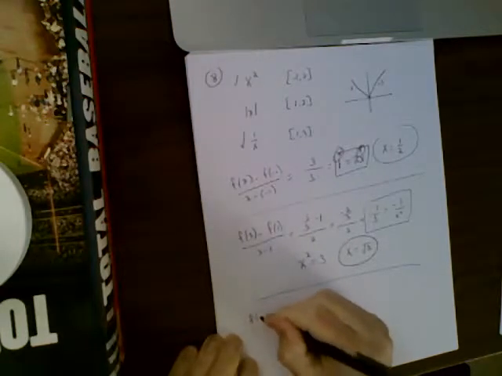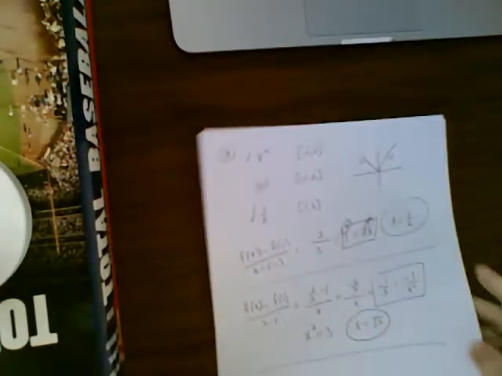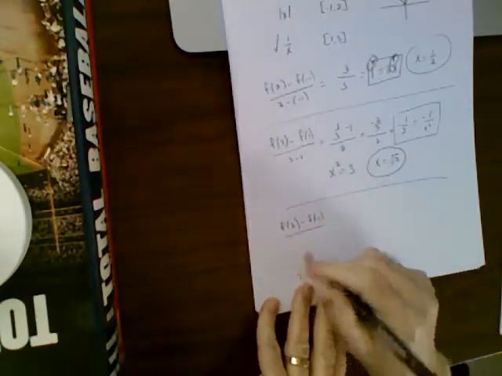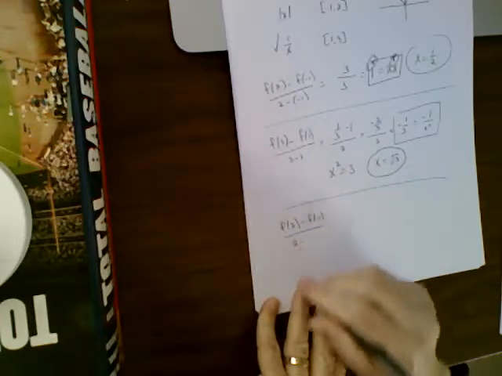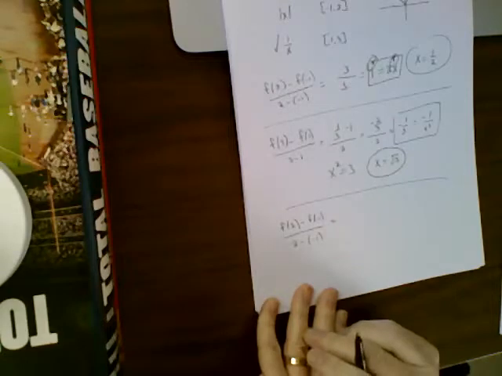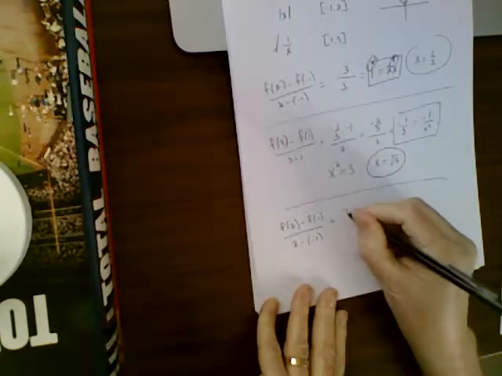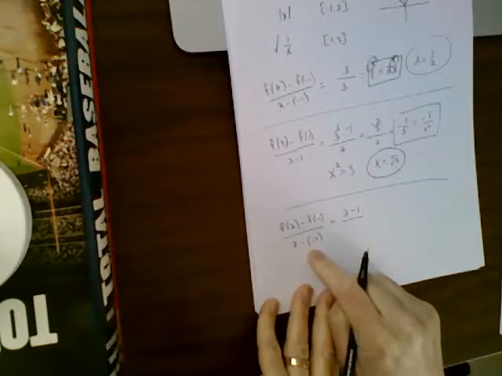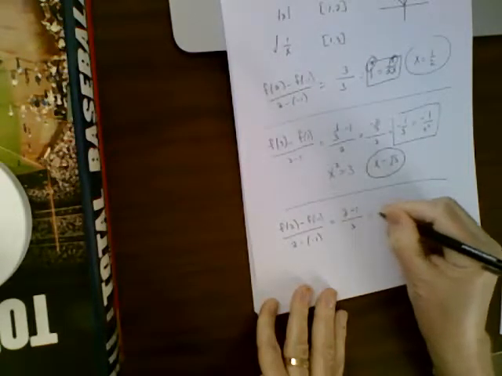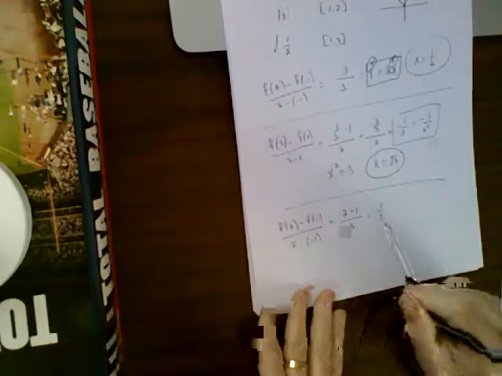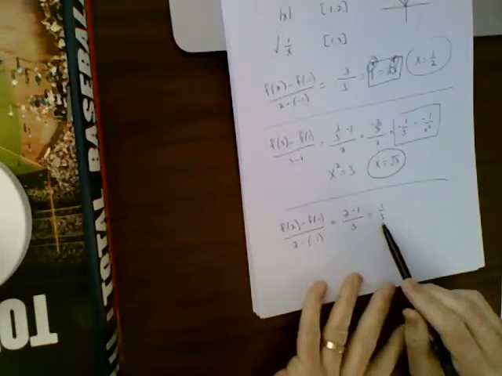We're looking at f of 2 minus f of negative 1 over 2 minus negative 1. Well, for the absolute value function, f of 2 is 2, f of negative 1 is 1, 2 minus negative 1 is 3. This is 1/3. So the average rate of change of the function is 1/3.